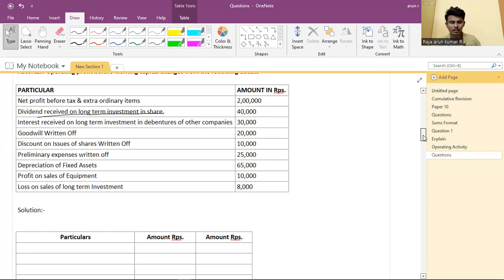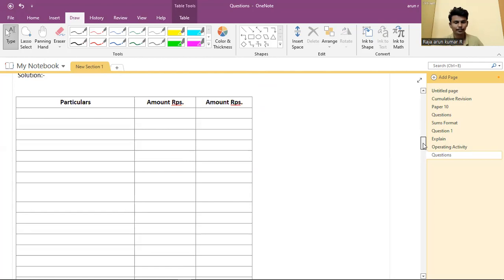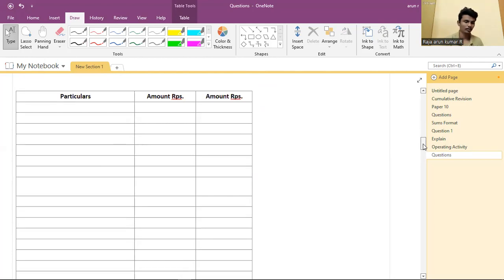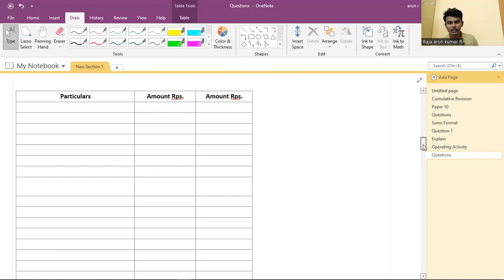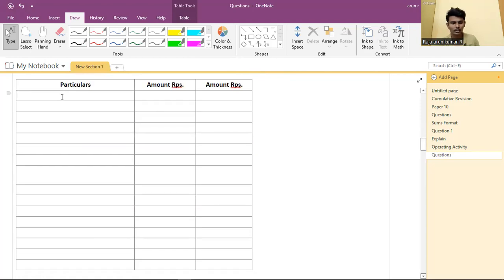I hope you pause the video and take the notes. I directly go to the sums. First, what they have given: net profit before working capital change, before tax and extraordinary items, that is 2 lakh. I simply write net profit, 2 lakh.